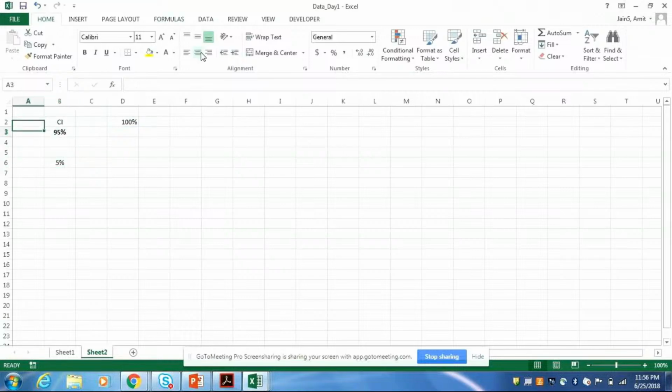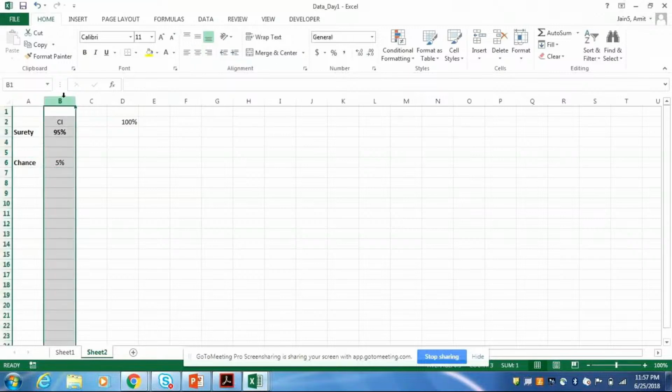So with data, I want to be sure 95%. Or let me say surety. And this is just an example I'm telling you. There's no word as surety in statistics, right? I'm just trying to explain the concept. So 95% is surety, 5% is the contribution of chance that I am willing to accept.